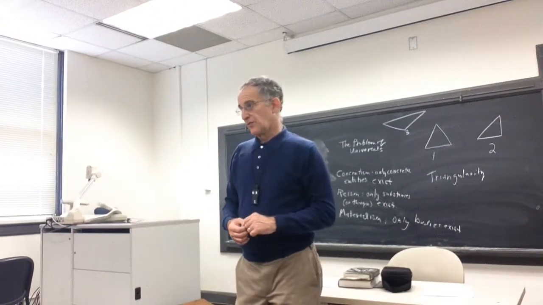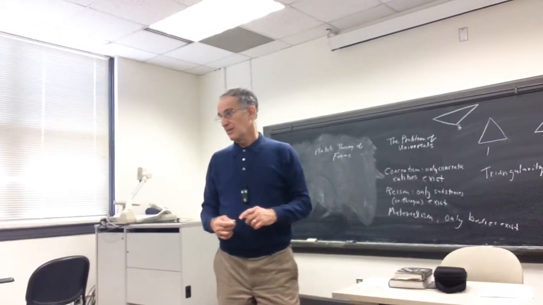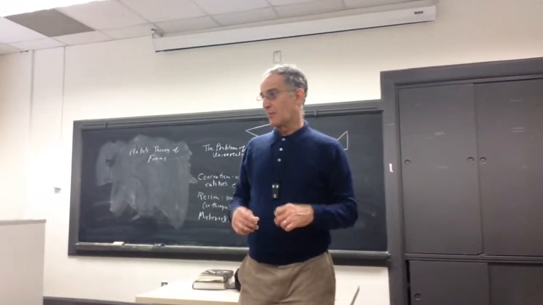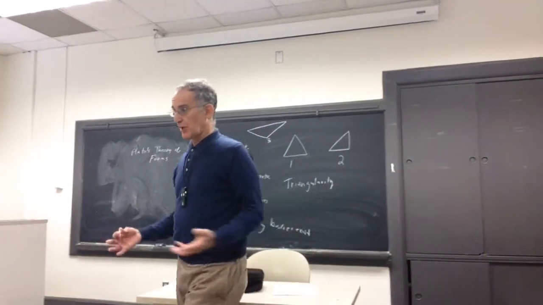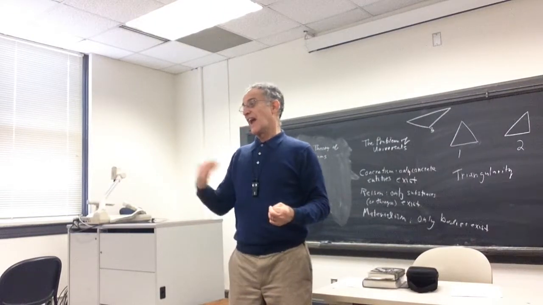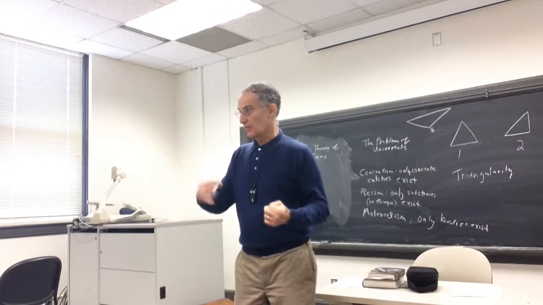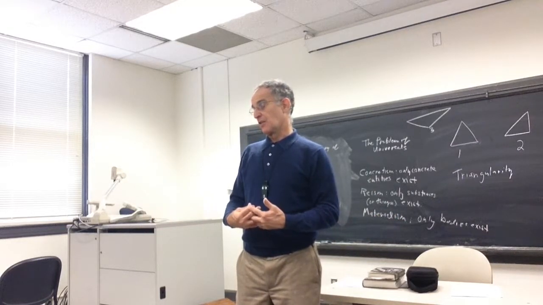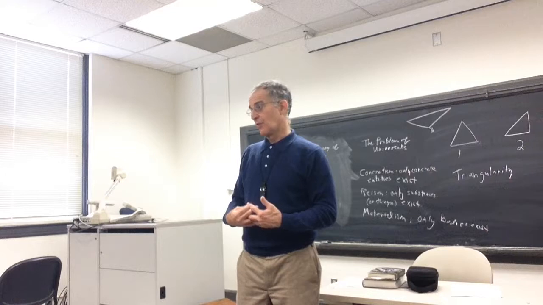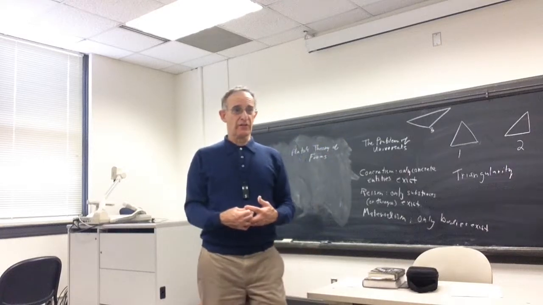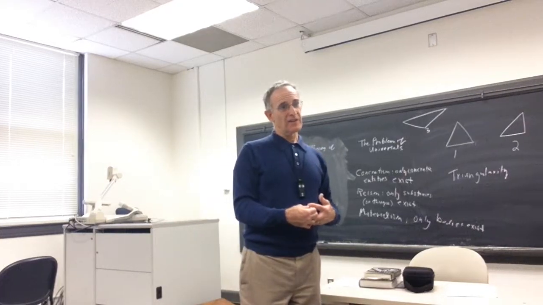Whenever a number of things fall under a common predicate, there would seem to have to be a form in virtue of which it's true that those objects all fall under that common predicate, whether the predicate is red or cat or dog or table or whatever it is. If the objects all fall into that common grouping, the Platonic theory of forms suggests that there's a common form that they all participate in.